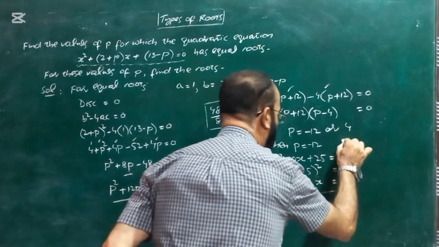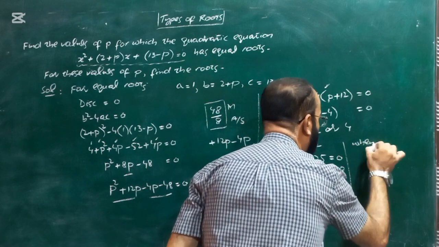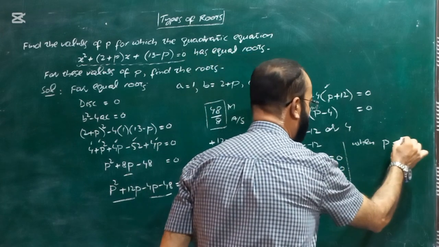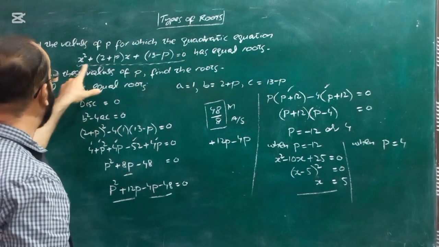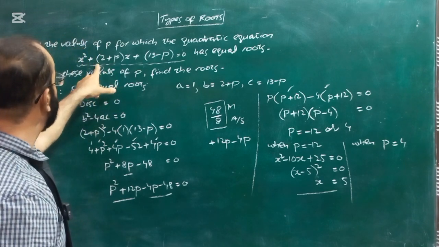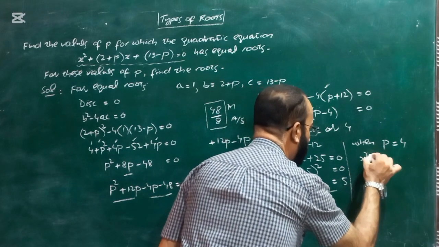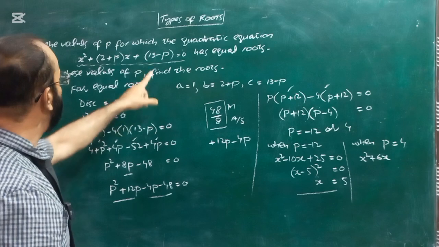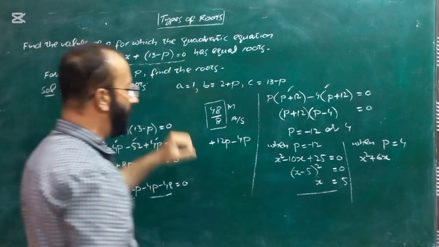Okay, now the second value is when p is equal to 4. So putting p into the equation, x square plus, here 4 will be put, so 6x, x square plus 6x, and 4 will be put here, so 13 minus 4 will be 9, so plus 9 equal to 0.